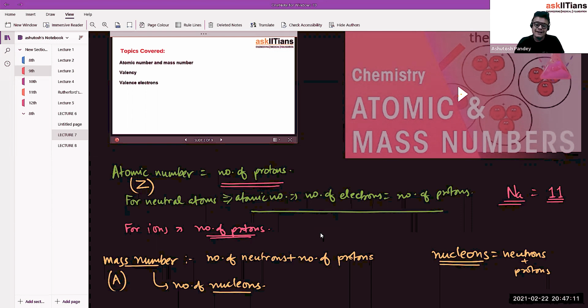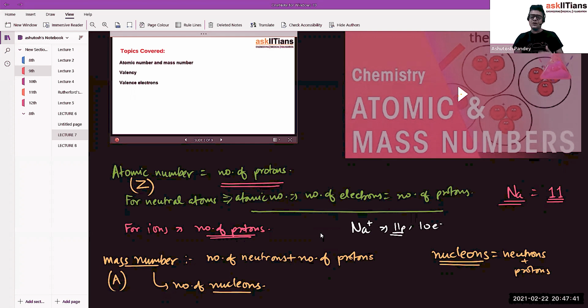Now for ions, if we talk of Na positive ion, it means that it has 11 protons but only 10 electrons. So for ions, we are not going to say that the atomic number of any ion is equal to number of electrons.